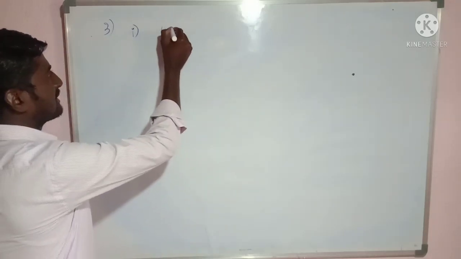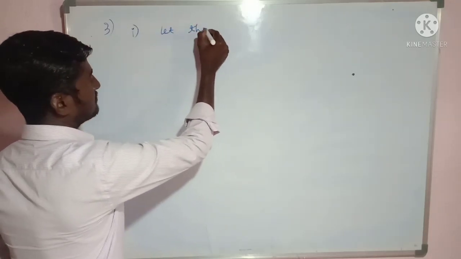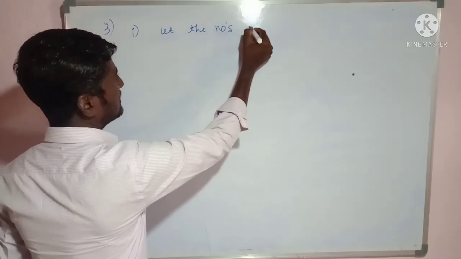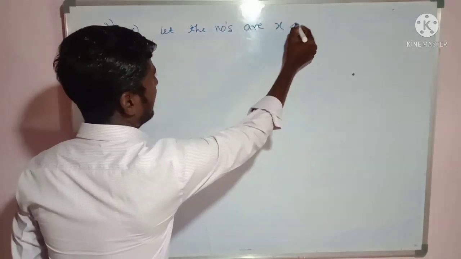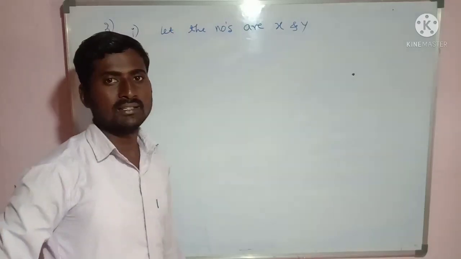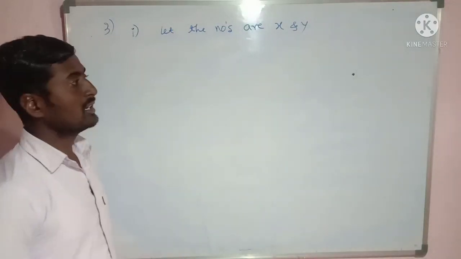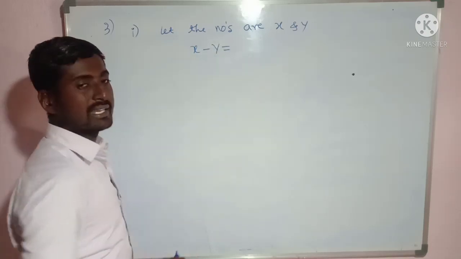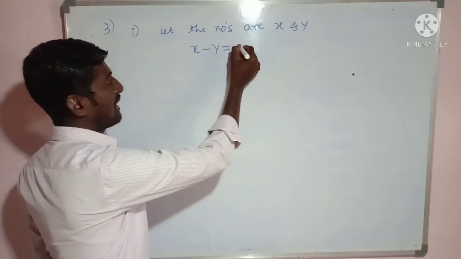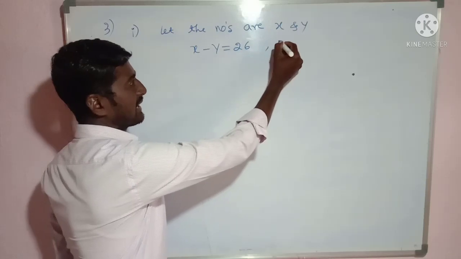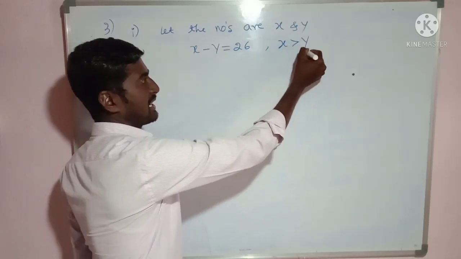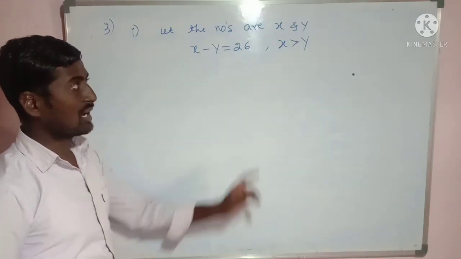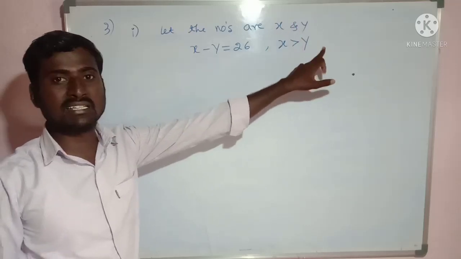Let us take the numbers are x and y. Okay. These are the two numbers. Now difference of the two numbers, x minus y is equal to, I'll take it as 26. Here x is greater than y. I have taken x as greater than y.